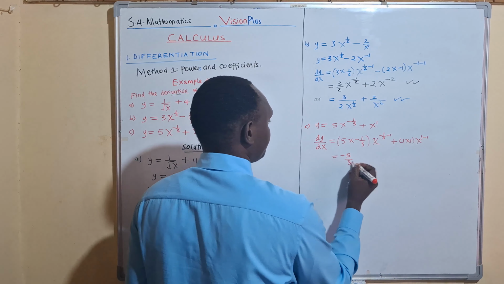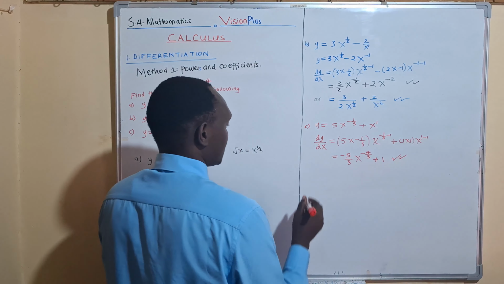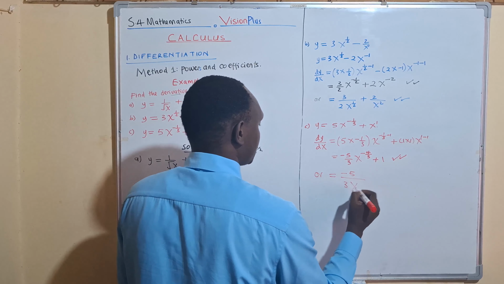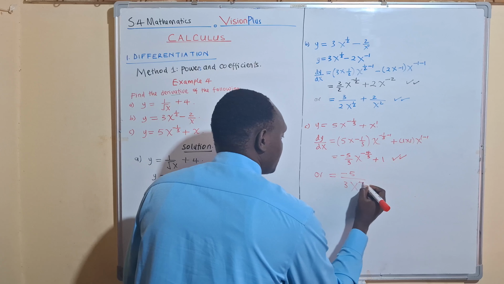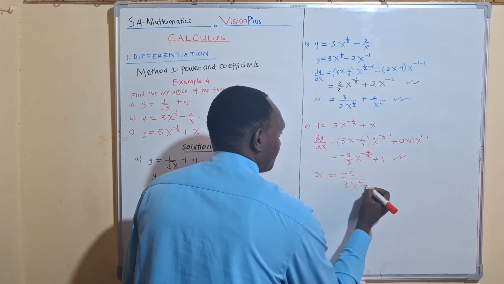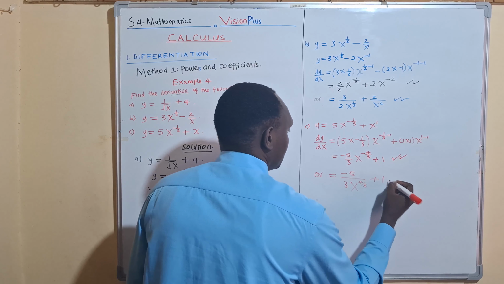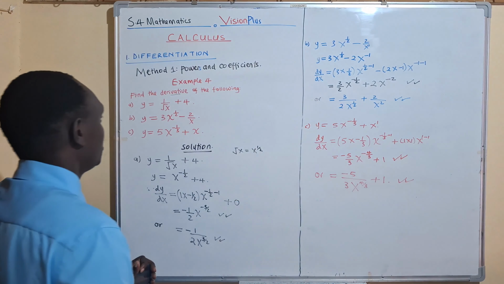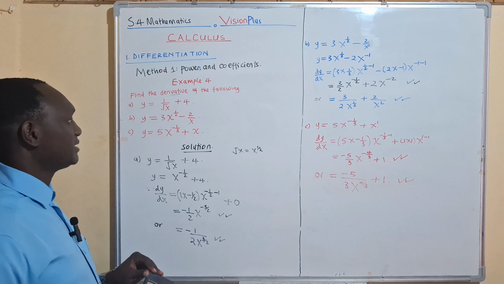So plus 1. That is the answer. Or alternatively, if you want a positive power of x, we shall have negative 5 out of 3 x, and we make the power positive. That is 4 out of 3 plus 1. Otherwise, there are many other alternative forms. So we leave this as the solution.